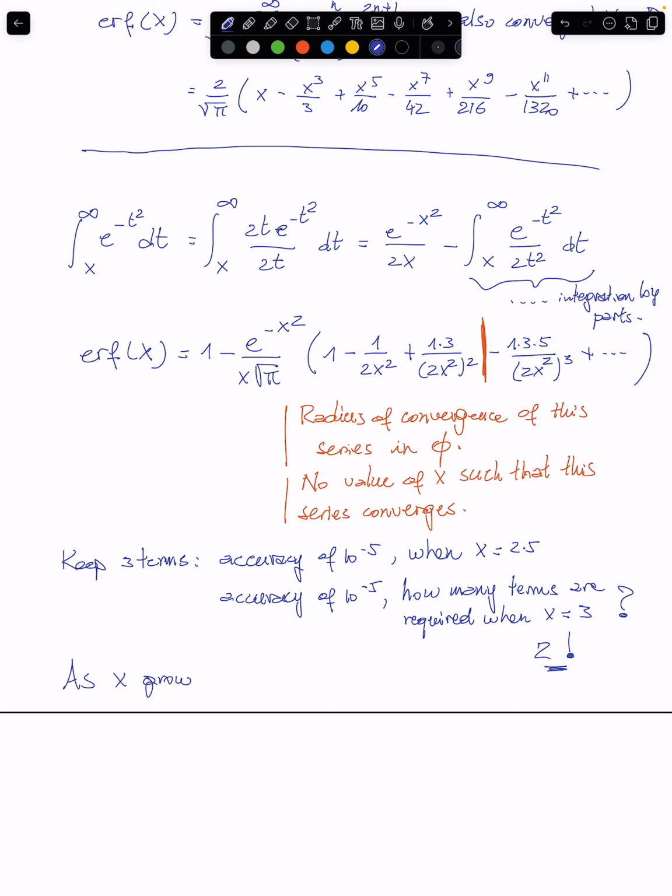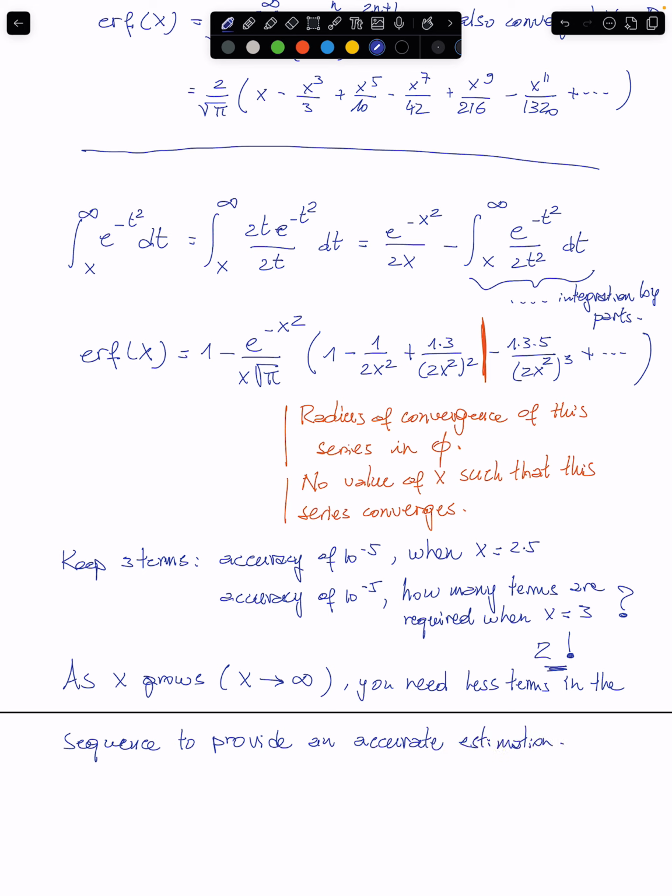All right, so as x grows, I don't want to say x goes to infinity, right? Because we're not talking about super large values of x. We're talking about just x equal to 2.5 or 2.3. You need less terms in the sequence to provide an accurate estimation.